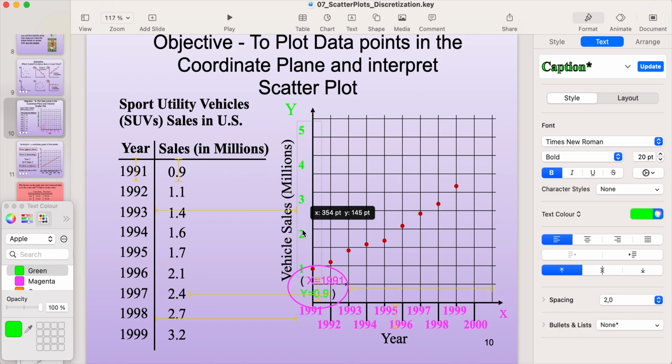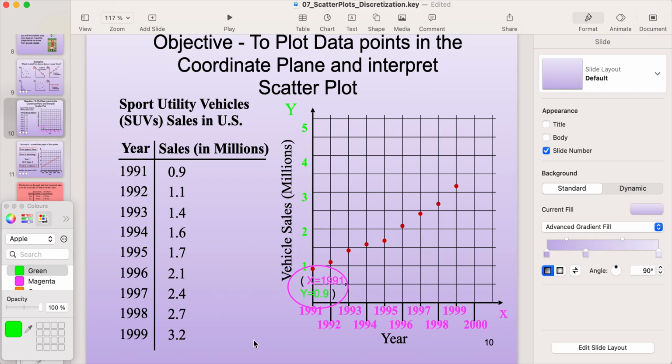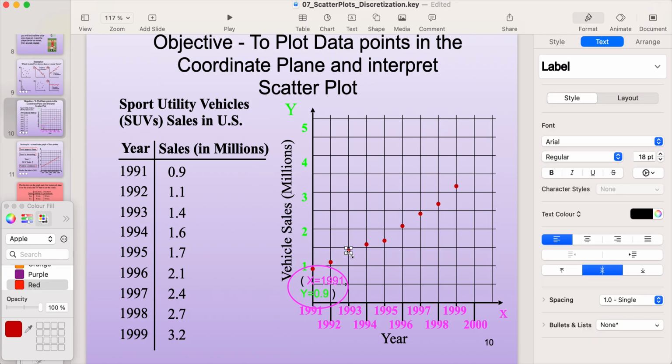Should this need to move down? How about this one? Why is it here? Because it has 1993 for x and 1.4 for y. And so on, the remaining points are plotted based on the values of their attributes.